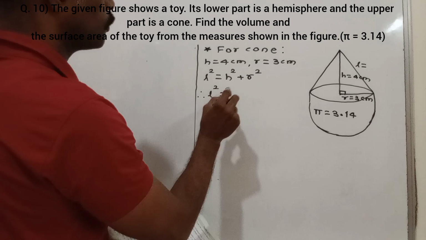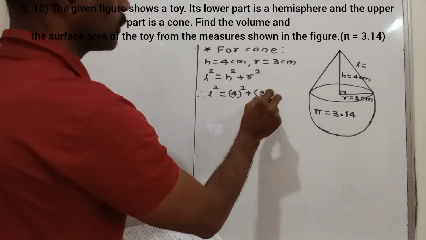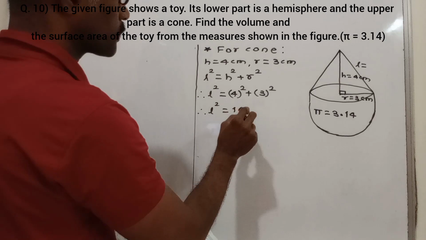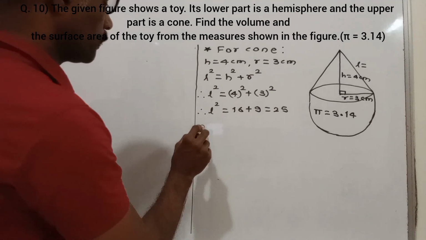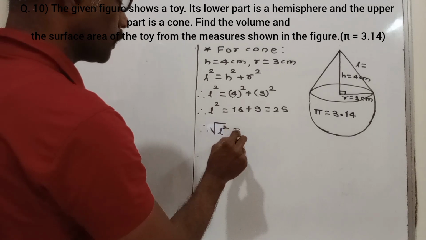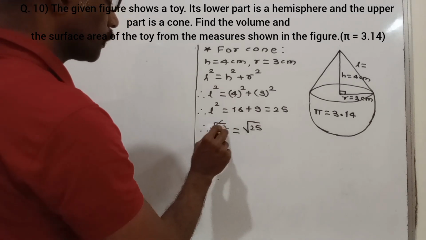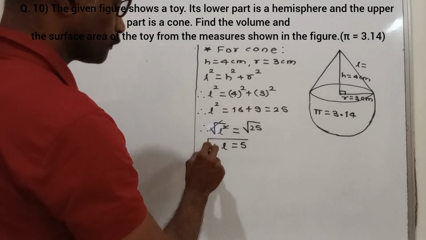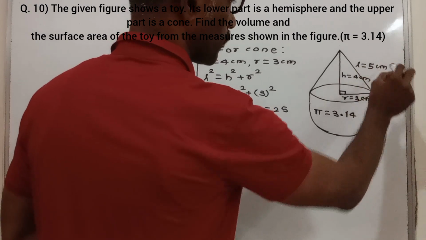Therefore, L square is equal to 4 square plus 3 square, which is 16 plus 9, equal to 25. Taking square roots of both sides, square root of L square is equal to square root of 25. Square root and square cancel. Therefore, L is equal to 5. Okay, this is the value of L, 5 centimeter.